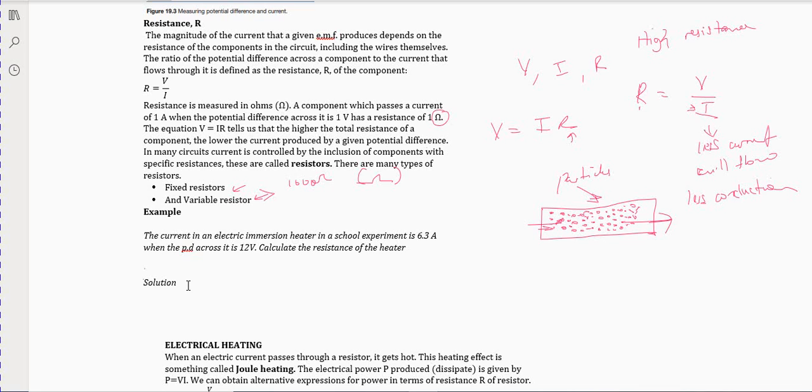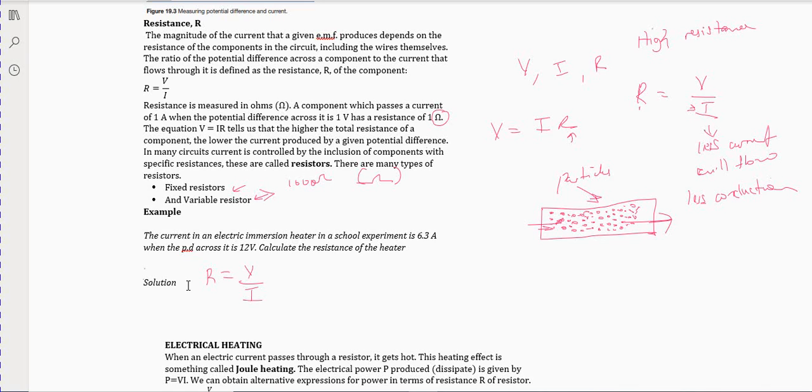The equation we would use is Ohm's law equation: resistance is equal to the ratio of potential difference to current.